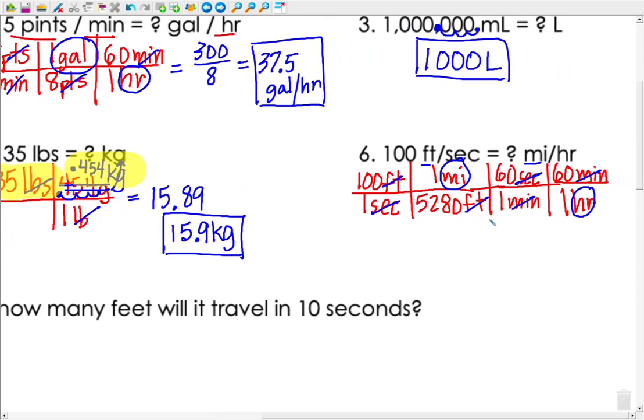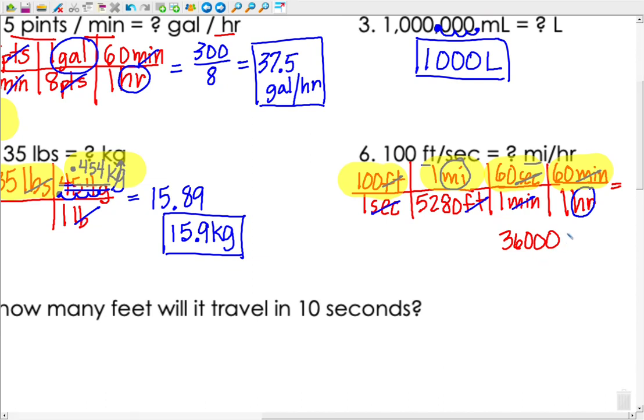So now all I have to do is just multiply across the top and multiply across the bottom. When I multiply across the top, I am multiplying 100 times 1 times 60 times 60. That gives me 36000.